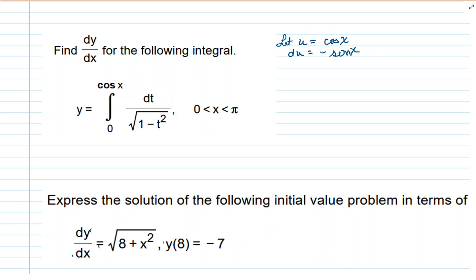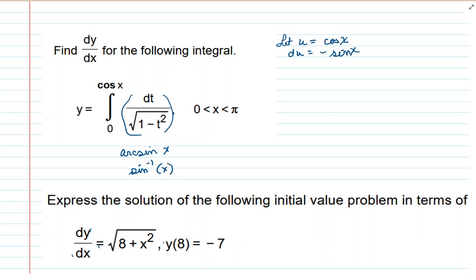So we know that this guy right here is arc sine of x, or sine inverse of x.